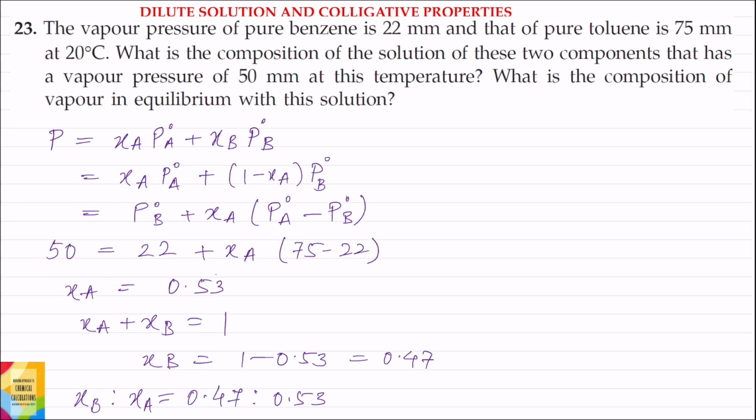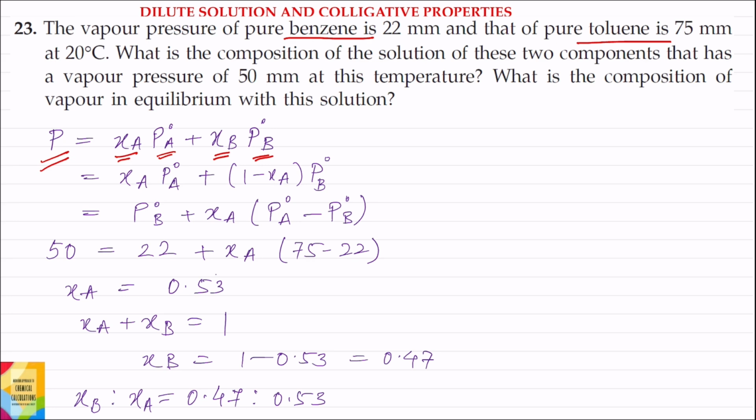Formula for the vapor pressure of the solution is equal to XA into P naught A plus XB into P naught B. Now here XB denotes the mole fraction of benzene in the solution and XA denotes the mole fraction of toluene in the solution.